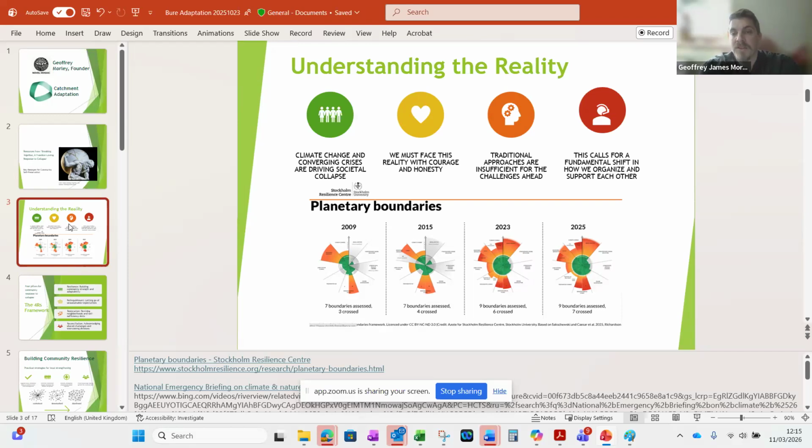The traditional approaches have been insufficient, and we know that, and we do need to support each other with this, because it's a difficult truth to come to terms with on an emotional level, and there is fallout when people come to terms with difficult truths in a personal and psychological way. So we have to be different to each other.